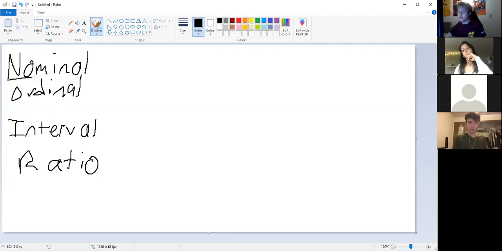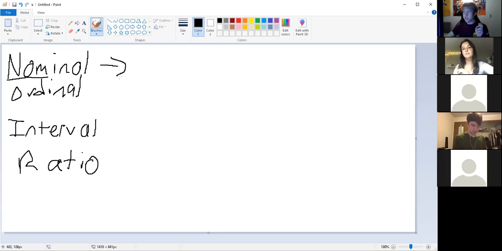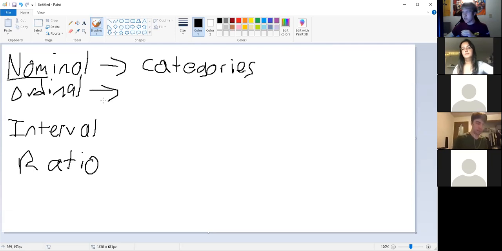Nominal has nom, which is like name. So this is categories, things with names. Ordinal is a ranked continuum of names. So it's ordered names.